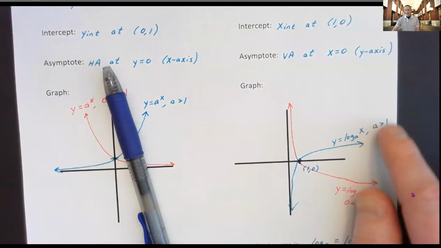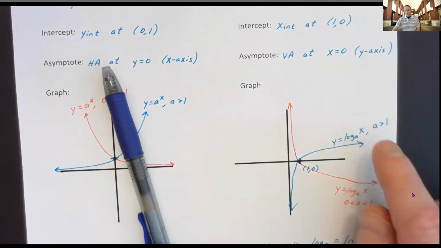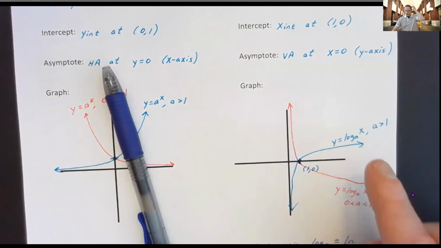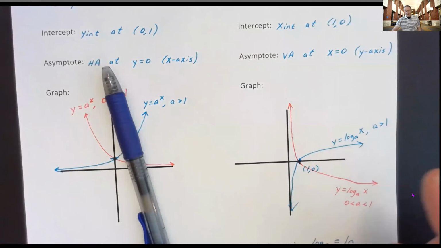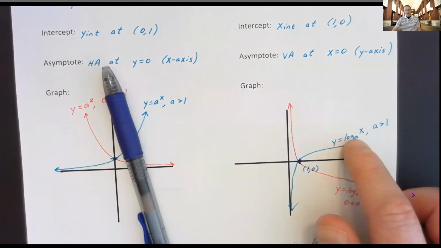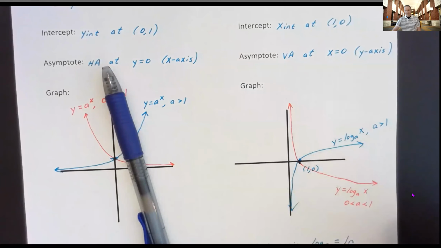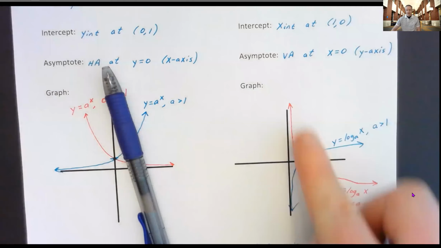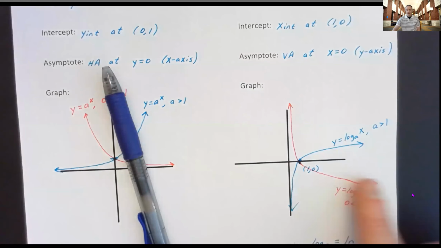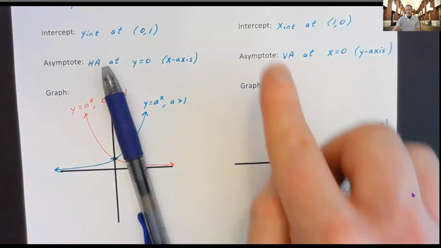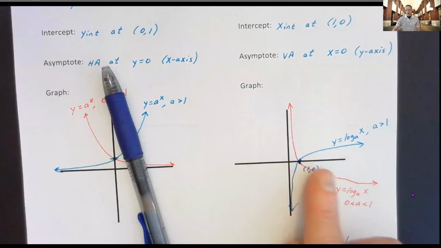Whenever I think of a logarithmic function, I think of the blue one, because 9 times out of 10, that base a is going to be some number greater than 1. But in the rare cases where you do have a decimal base for your logarithm, you just need to remember, that's going to reflect it about the x-axis.